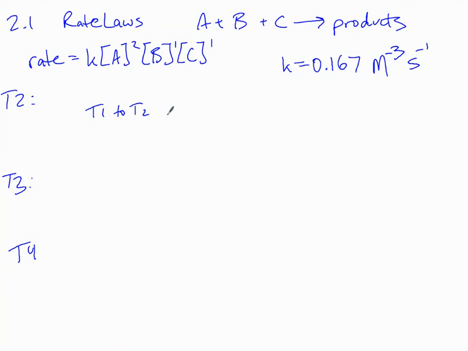So what happened between trial 1 and trial 2? We're looking at the data table. We want to know what changed. Now, obviously, the rate's going to change, so we don't need to really say that out loud. Concentrations. What changed here? In trial 1 and trial 2, the concentration of A changed. And the concentration tripled.